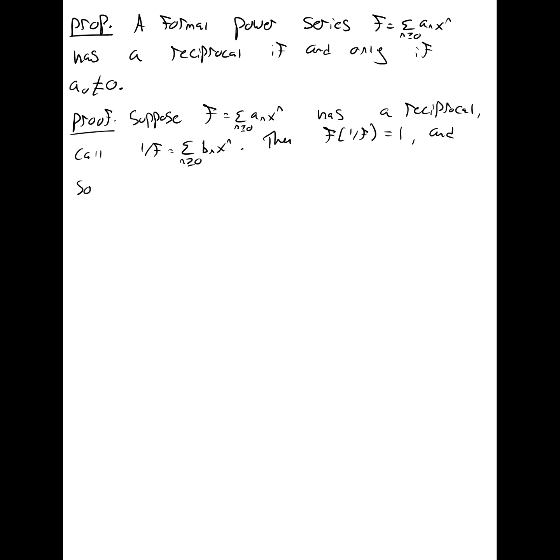And so, if we just think about what it means for two power series to be actually equal, it really means that their coefficients are equal. And so, in particular, their constant terms are going to be identically equal. So, if I multiplied f times 1 over f, its constant term has to be a_0 b_0.